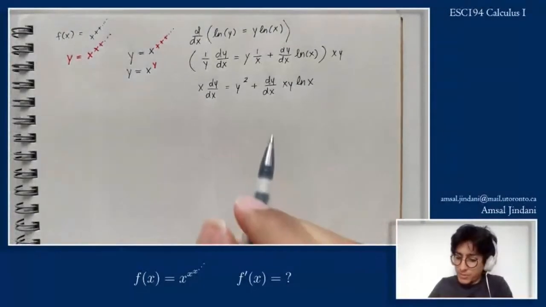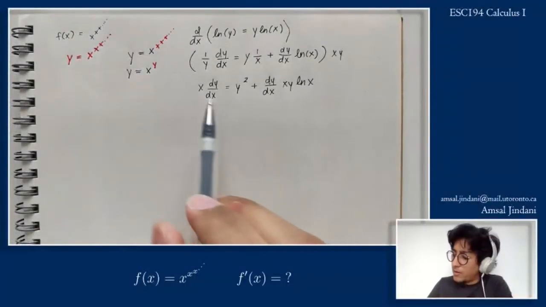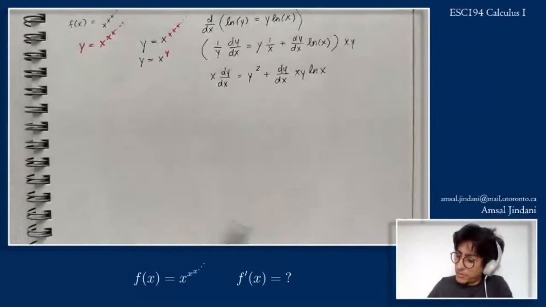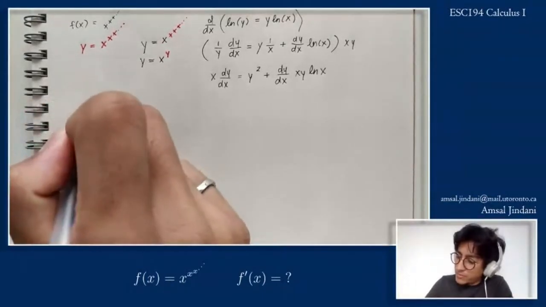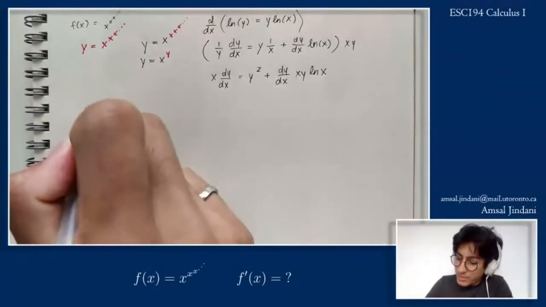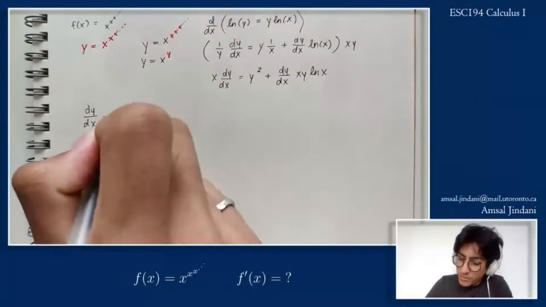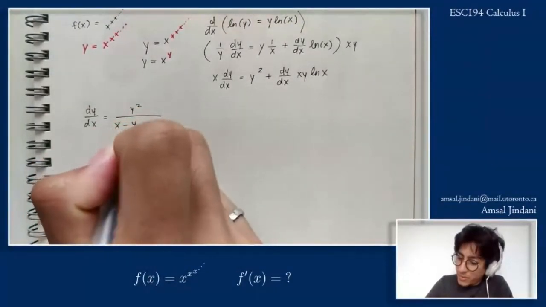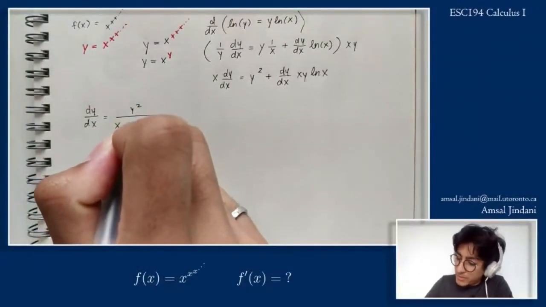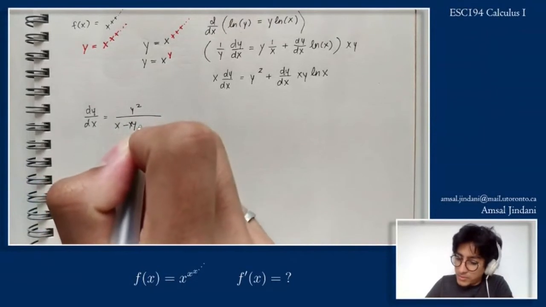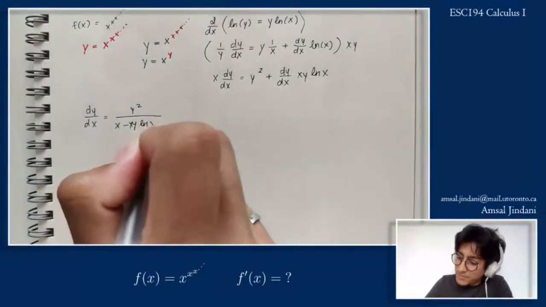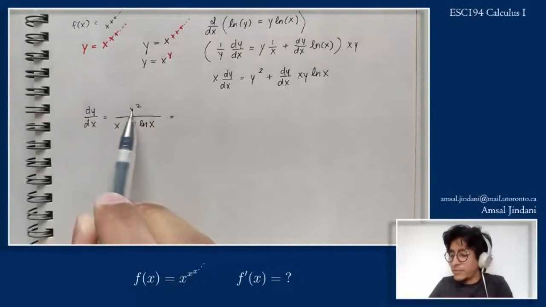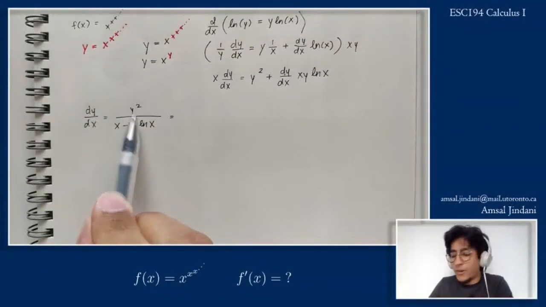And then the last step is to just solve for dy by dx. So if you just do some algebra, some rearrangement, you get dy by dx equals y squared over x minus x times y times the natural log of x. And then if you want, you can resubstitute that definition of y back in.